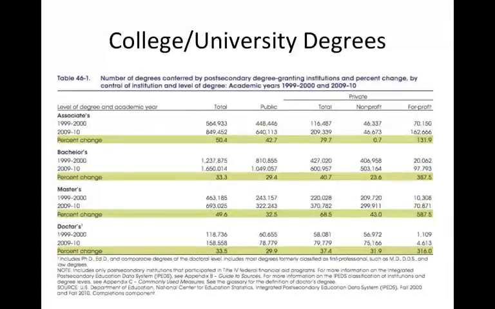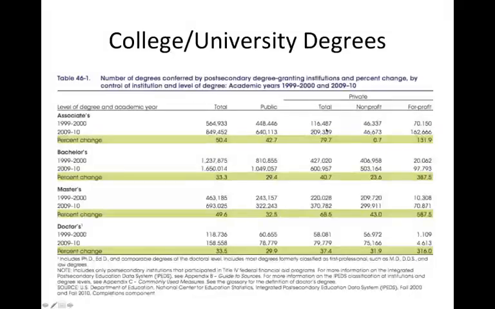For colleges and universities, here's some national information that shows the change in the awarding of degrees from 2000 to 2010, and you can see that it's jumped enormously across the board. The total number of associate's degrees by 50%, bachelor's degrees by a third, master's degrees by 50%, doctoral degrees by over a third.